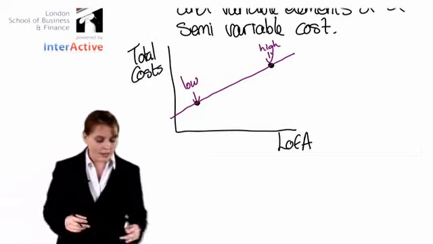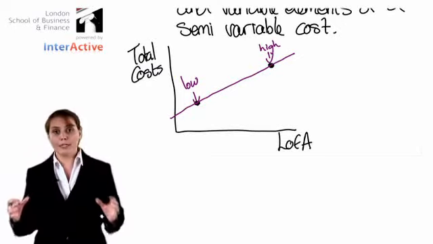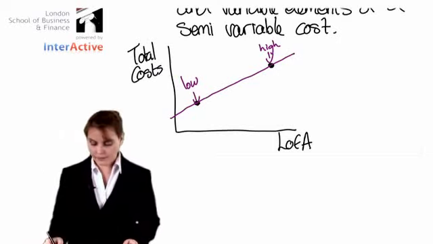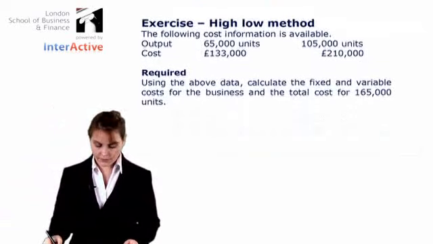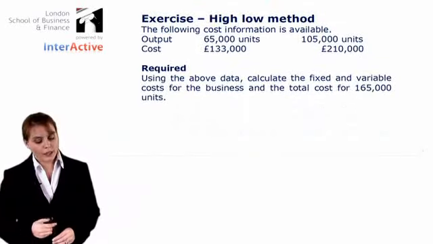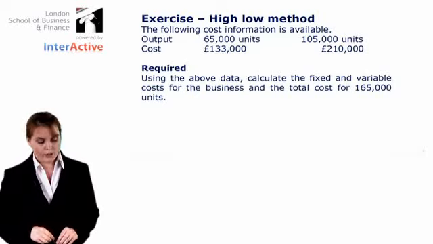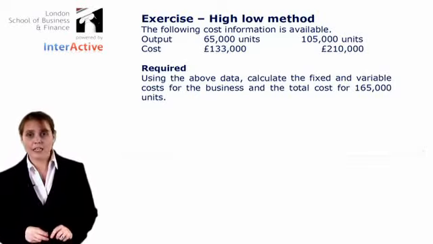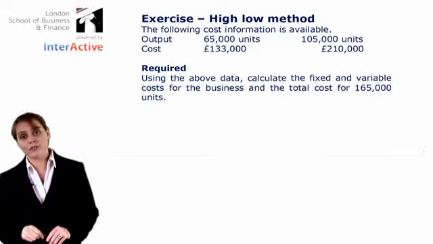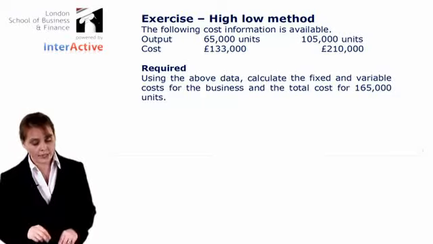To illustrate how the high-low method can be used, we're going to look at an exercise. So, we're given the following cost information. We have 2 different levels of activity, and we are told what total cost would be at each of those 2 levels of activity.